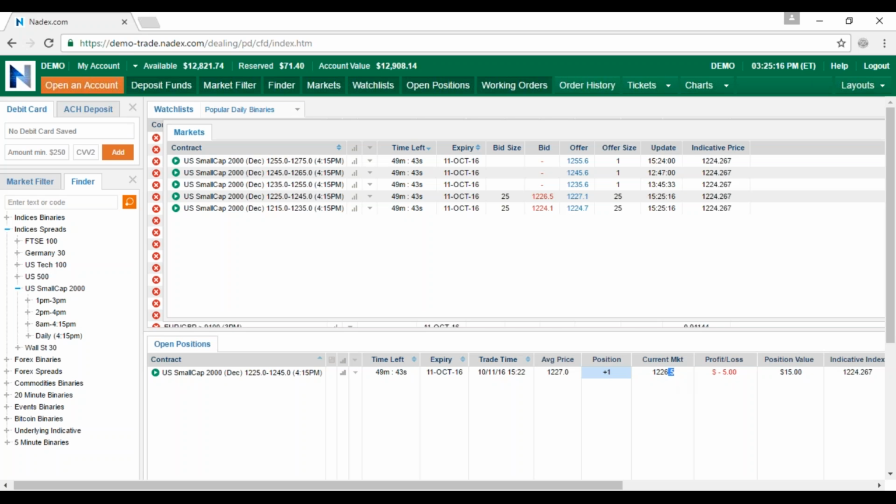See this number? It matches this number. Does that make sense? So I bought for this, 1227. I can sell it for this, 1226.6. What's that difference? 4 pips. Dollar a pip is $4. Well, now it's 5. So does that make sense? If I buy it, what can I sell it for? Whatever's listed right there.